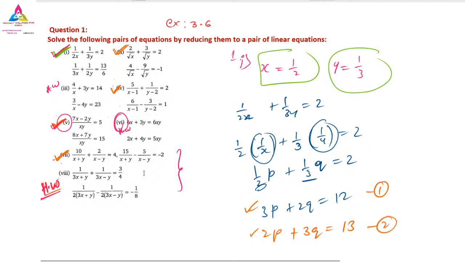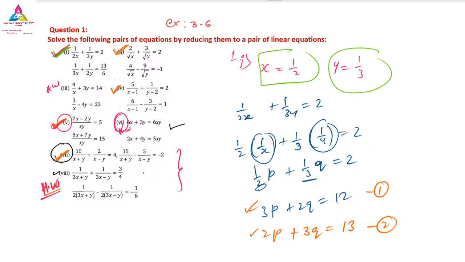Today I have to solve the seventh problem, because the fifth problem I have already solved. I have already informed you that the fifth one and sixth one are similar. The sixth one I have given as homework for you. Of the seventh and eighth, I will solve the seventh one. The eighth one is also for your homework, remember.